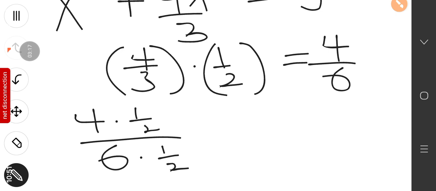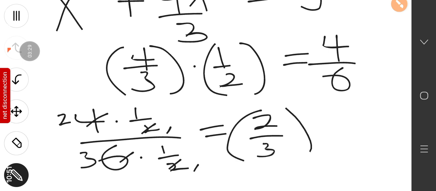Now this will produce 2, 1, 2 goes here, 2. 2, 1, 2 goes here, 3. So you're going to have 2 over 3. So we are going to square this and then add it to the left part of the equation, and then add it also to the right part as well.